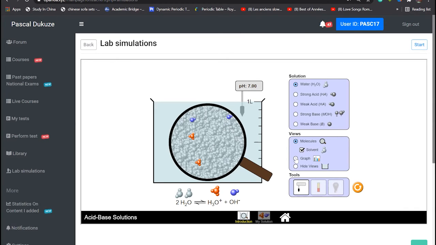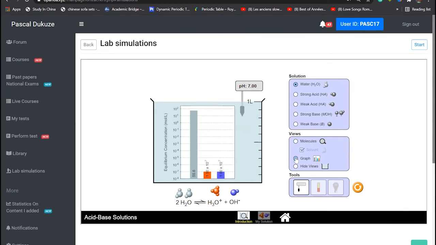If you want to check, you can use even the graph here. And with the graph, you can see that we have 1 times 10 power negative 7 and 1 times 10 power negative 7. So we have same concentrations, and the pH will be neutral.